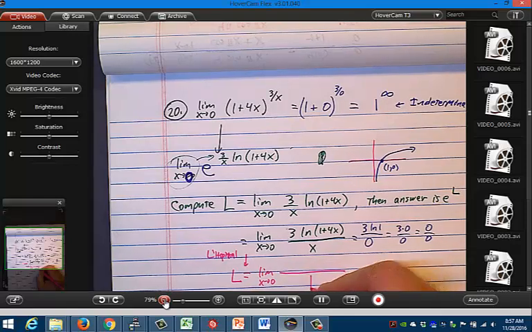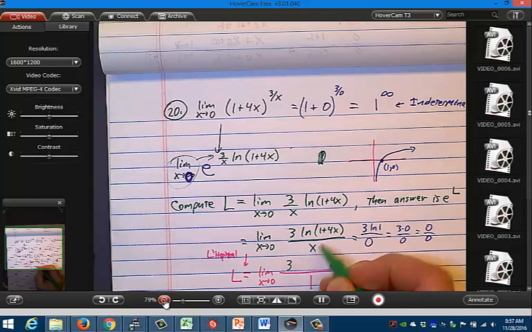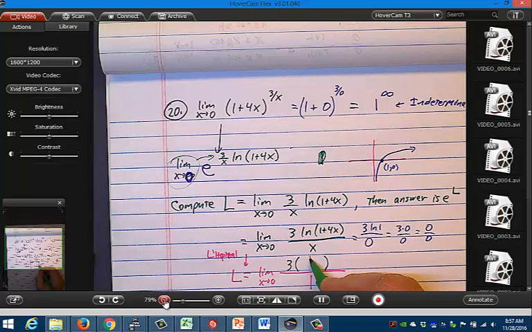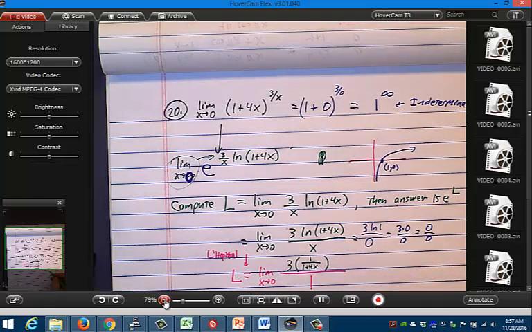What happens in the numerator? I get 3. And what's the derivative of the natural log of 1 plus 4x? It's the fraction 1 over 1 plus 4x, because that's the derivative of natural log. There's only one more thing I need, though. What do I need to multiply by after that? I need the derivative of 1 plus 4x. That's right, which is 4. Okay?